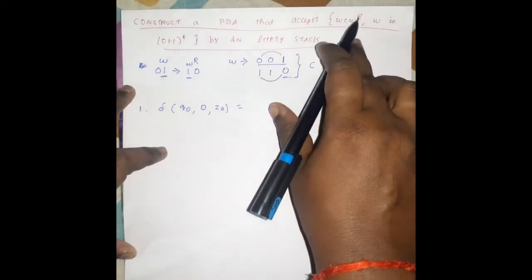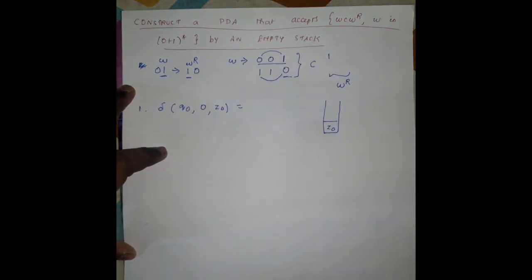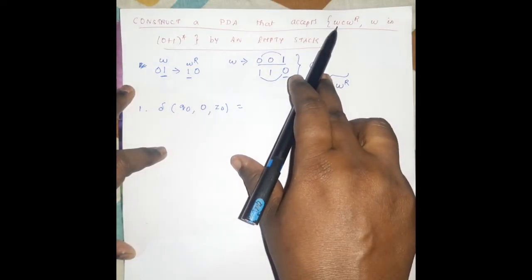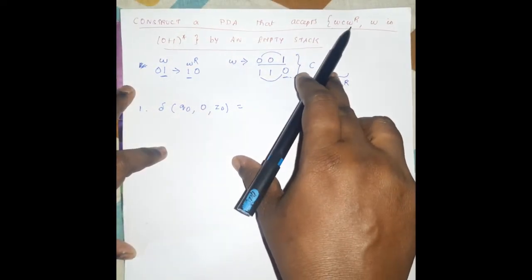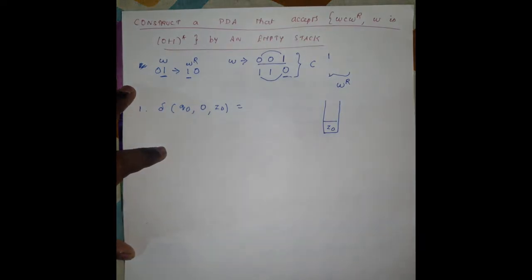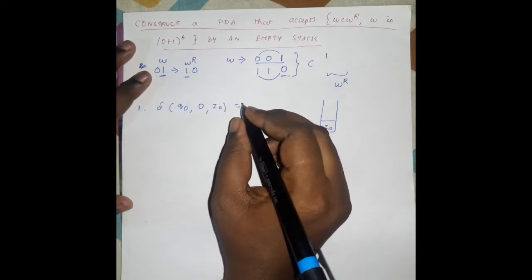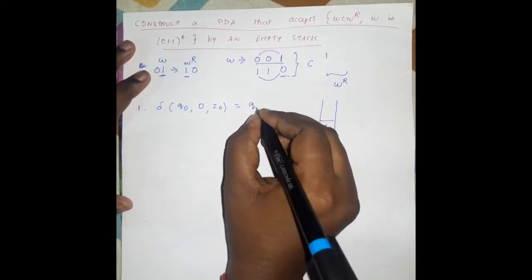For the last part, w power r, the reverse of the string, we perform pop operations. So for w we perform push, and for w power r we perform pop. Initially the current state is q naught, so it remains in the same state.